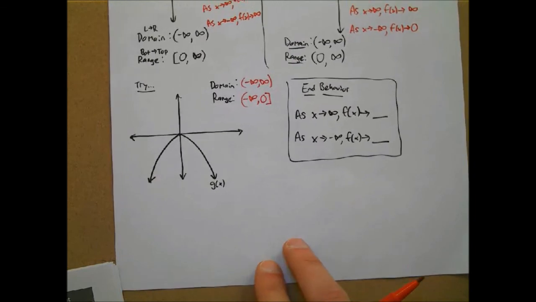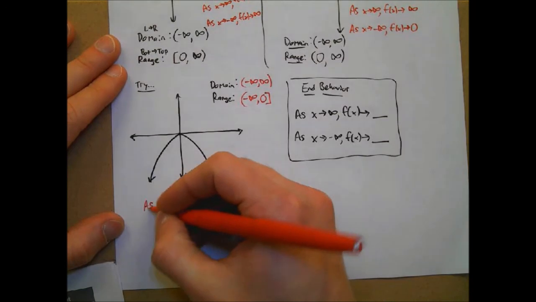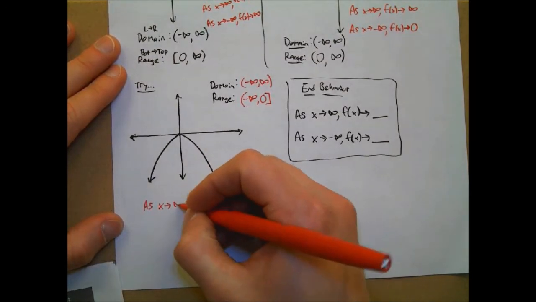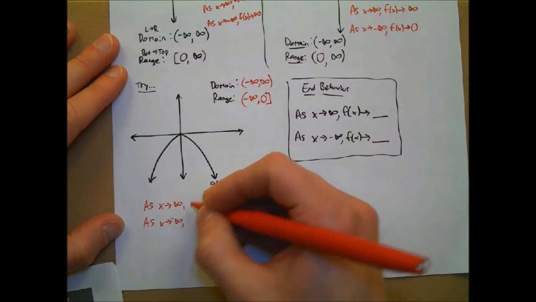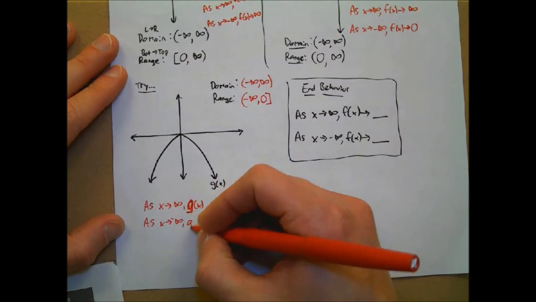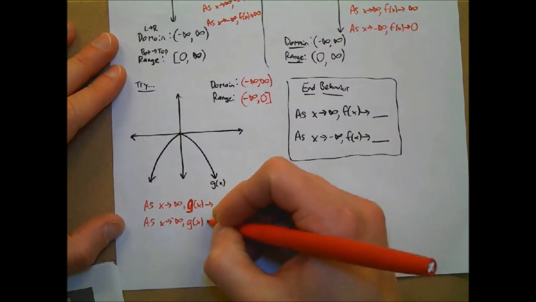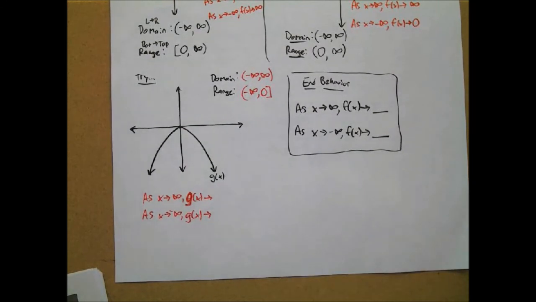And then for this last one, and we'll stop here. Again, as x approaches infinity, as x approaches negative infinity, well, I should put g here, because we're talking about function g now. If you put f of x, I probably won't count it wrong, but do understand g is the function's name here, not f.